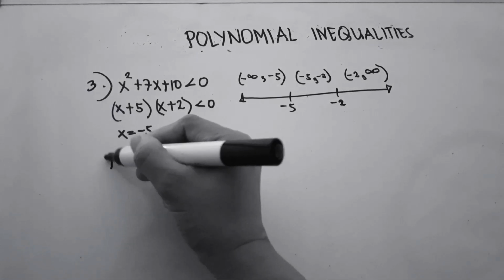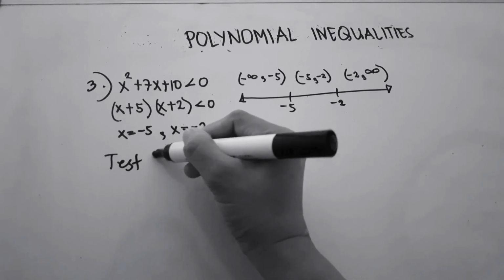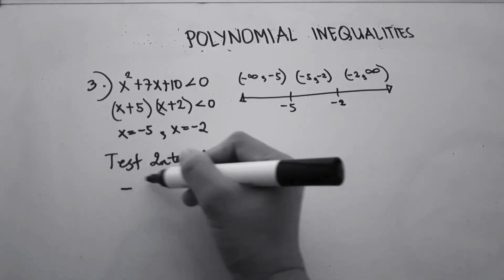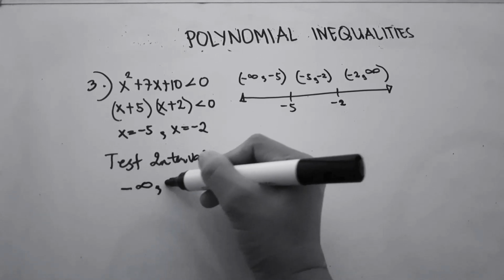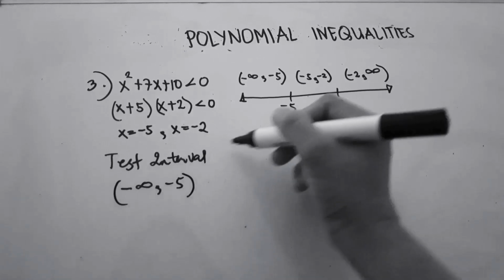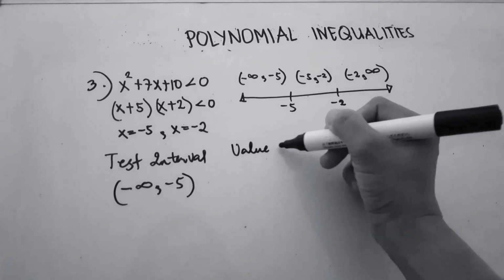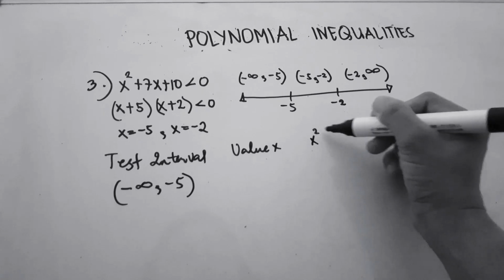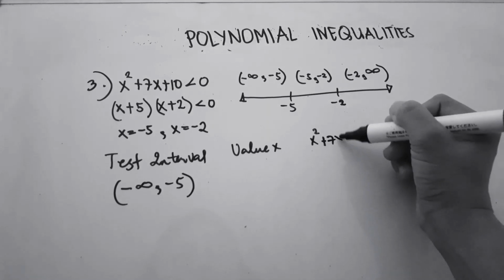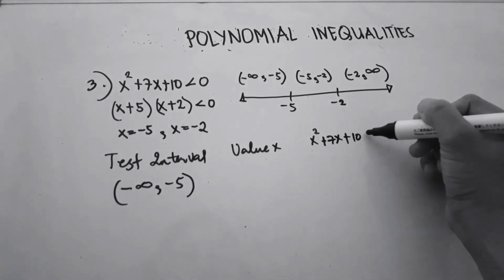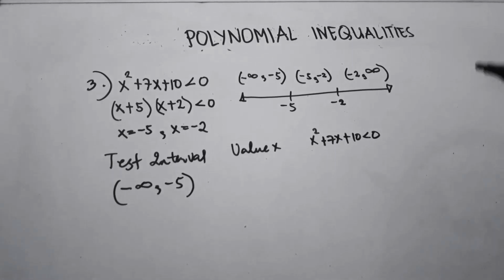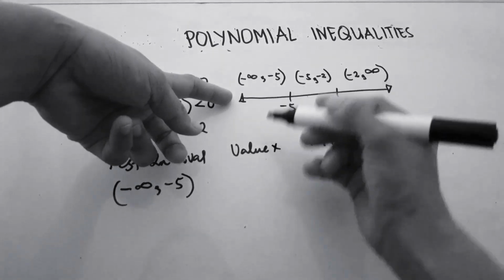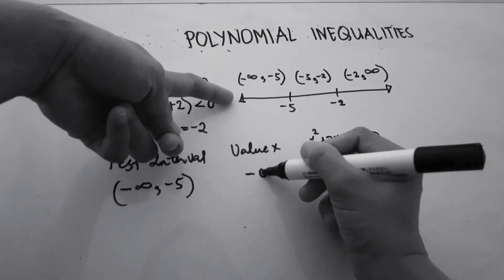So let's have a test interval here. From negative infinity to negative 5, we can pick a value of x, and our equation is x squared plus 7x plus 10. If we pick a value not including negative 5, let's try x equal to negative 6.